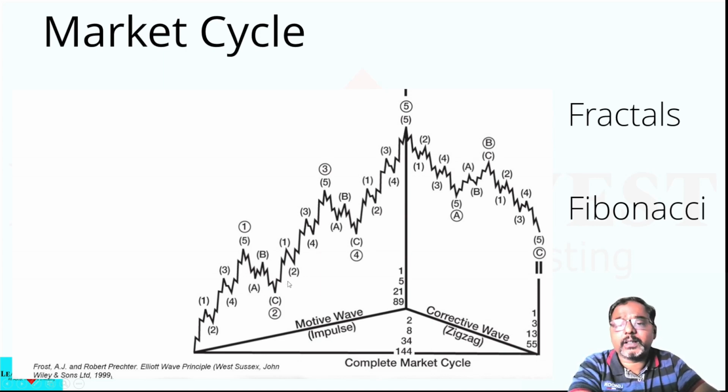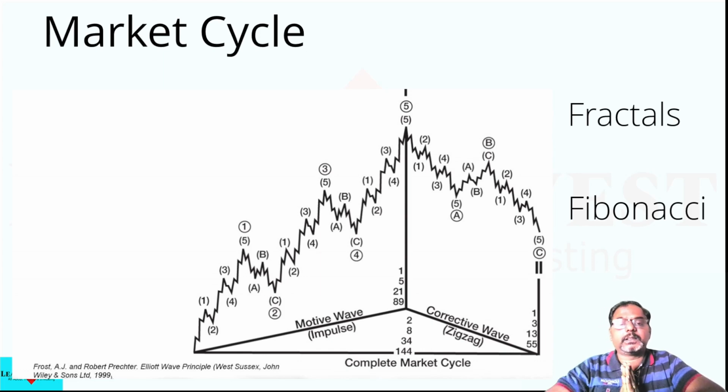This is where the impulse gets over, and after 5 there is a 3 series correction, which is an A, B and C. So very basic simple thing, an impulse is a 5 series sequence, which is 1 2 3 4 5. A correction is a 3 series sequence, we put it as A B C.